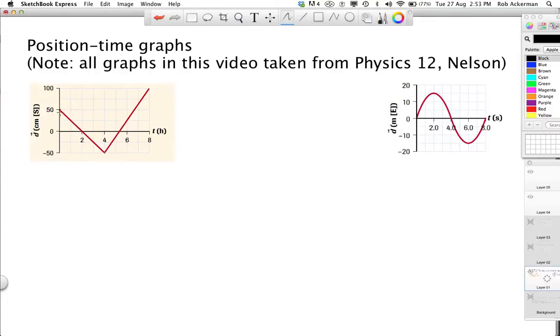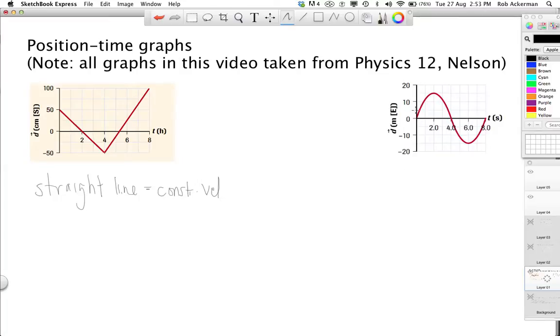For example, here you see straight lines, a straight line going down, a straight line going up. If you recall from grade 11, a straight line on a position time graph means that the velocity is constant. So we can summarize that here. Straight line means that the velocity is constant.